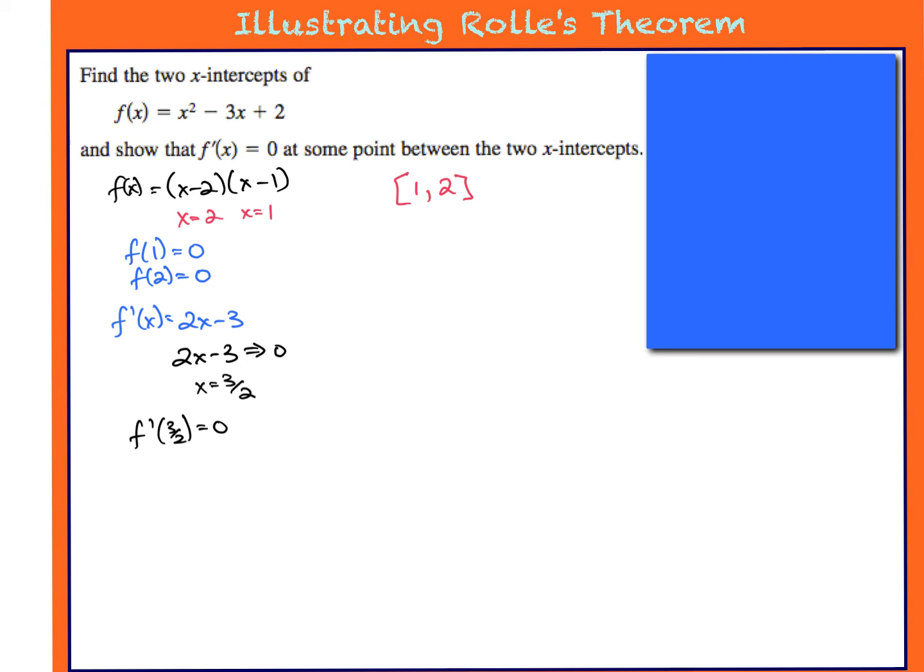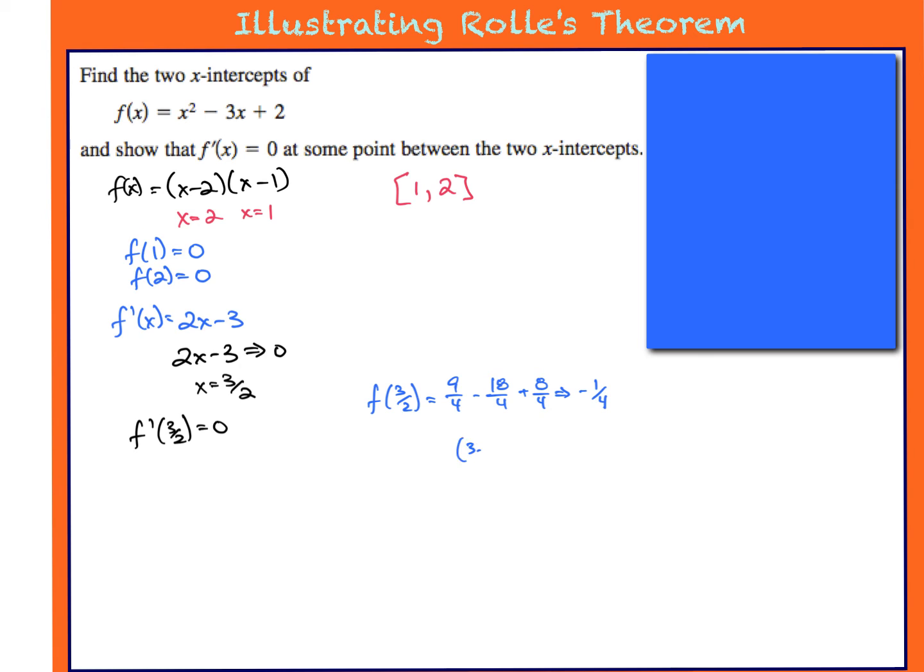All right. So if we substitute back in, so now I substitute back into the original. So if I have 3/2, what's squared? 9/4. Then minus 3 times 3/2 is 9/2. So how do I really want to think of that? 18/4. And then how do I want to think of 2? 8/4. And so I end up with negative 1/4.